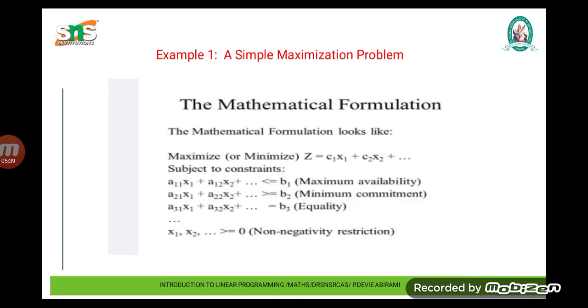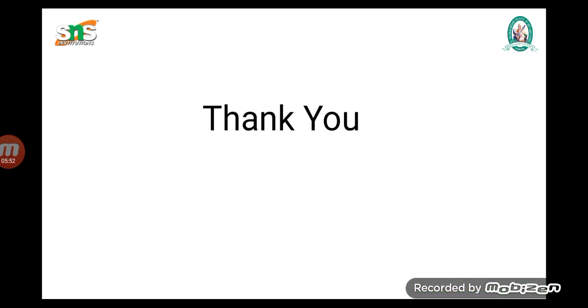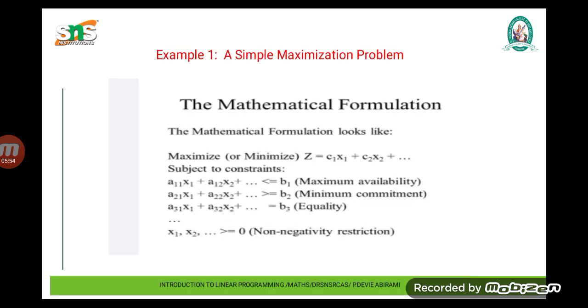Finally, the non-negative restriction is that x1 and x2 should be greater than or equal to 0. Non-negative means positive, therefore we have set them greater than or equal to 0. So this is how we have to formulate the LPP model for a statement problem.